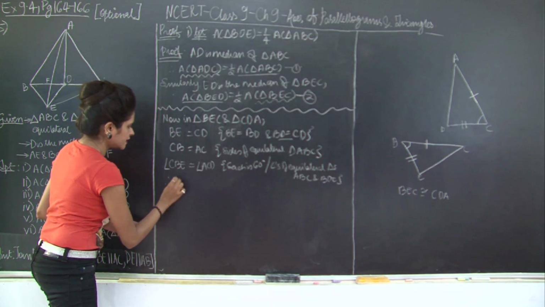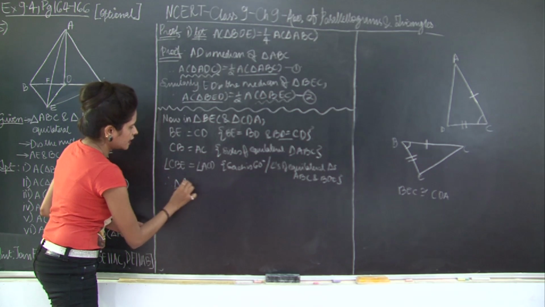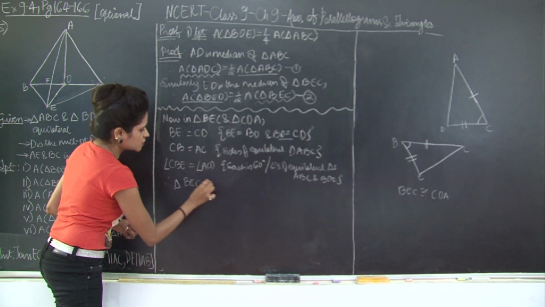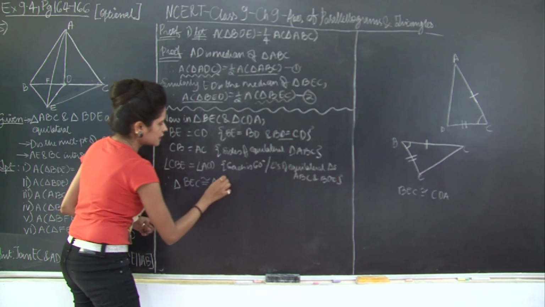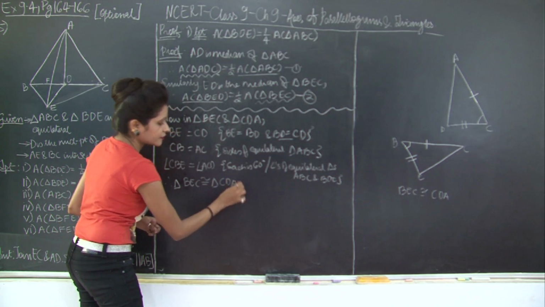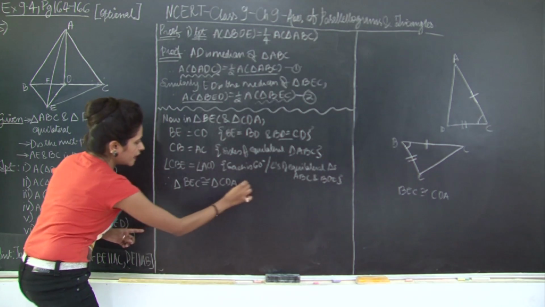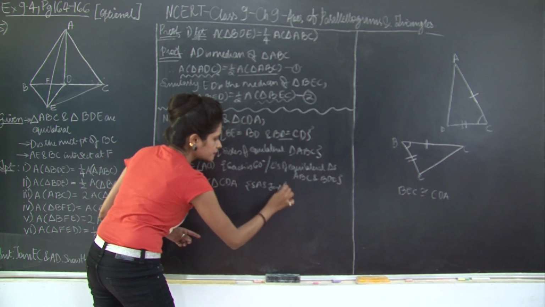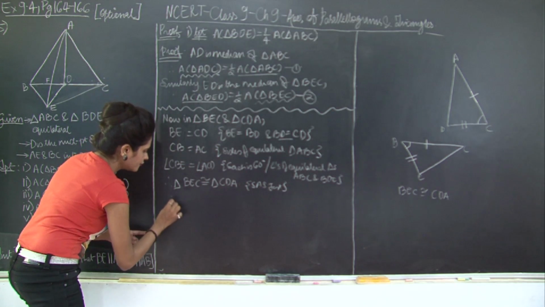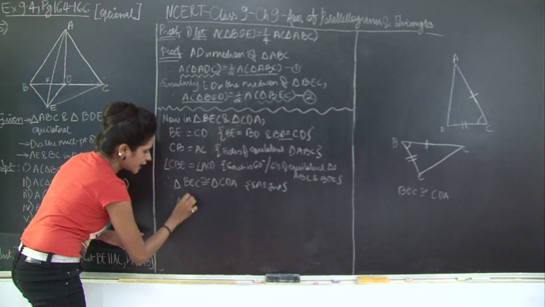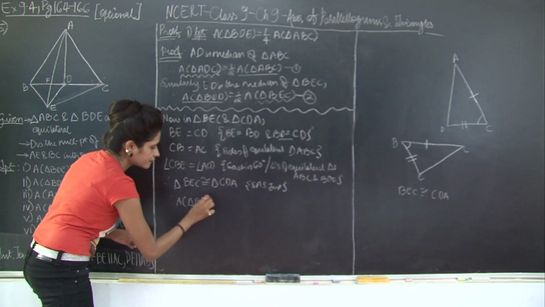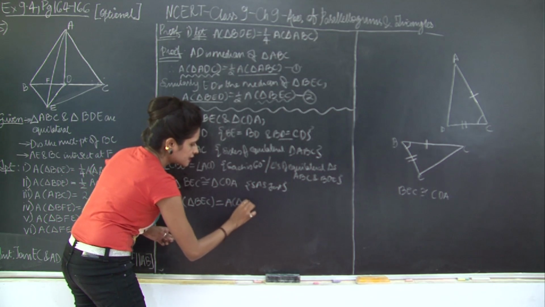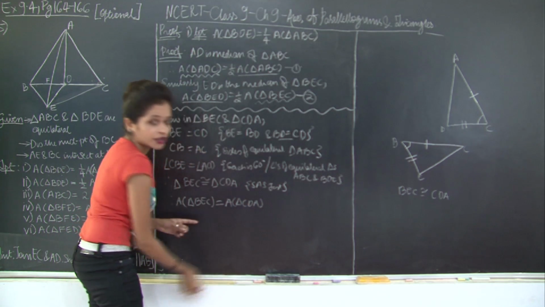Therefore, I will say that triangle BEC is congruent to triangle CDA, right, by SAS test of congruence. Therefore, area of triangle BEC is equal to area of triangle CDA, right.